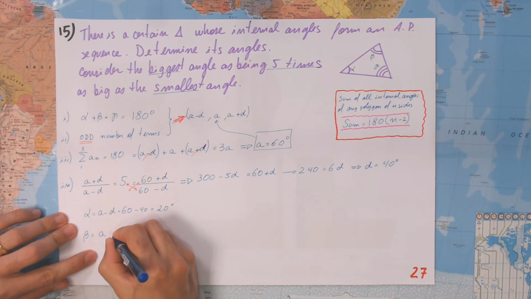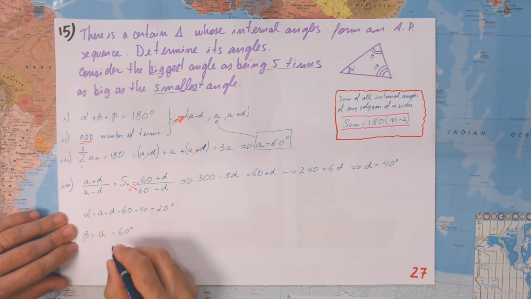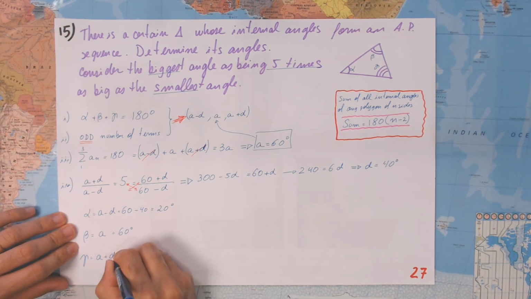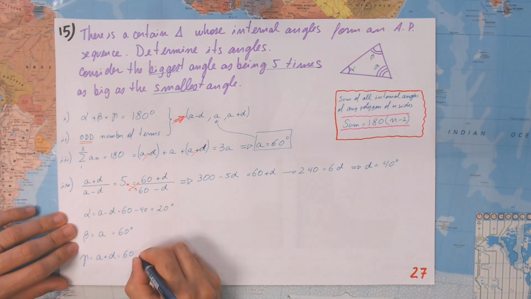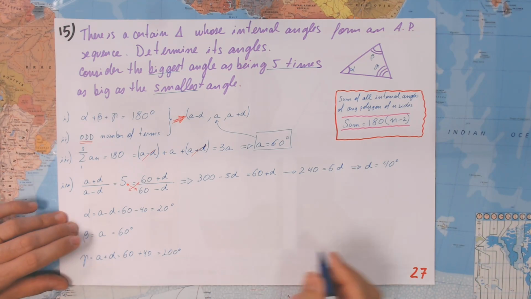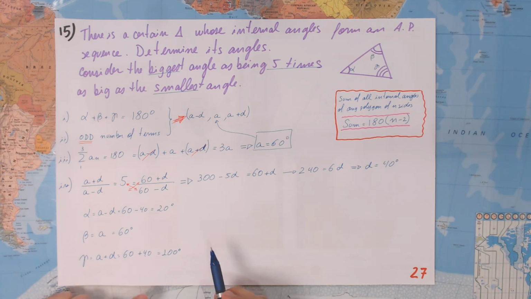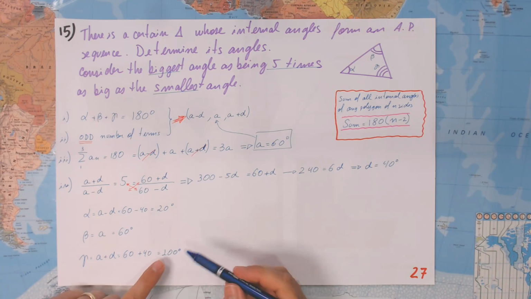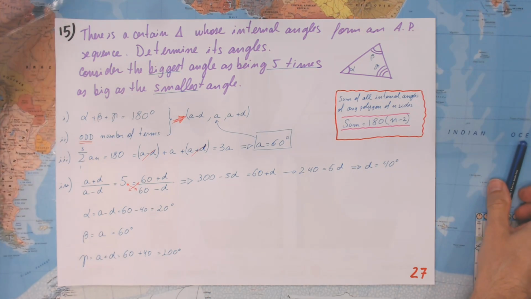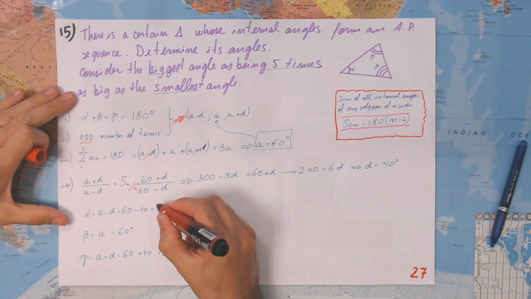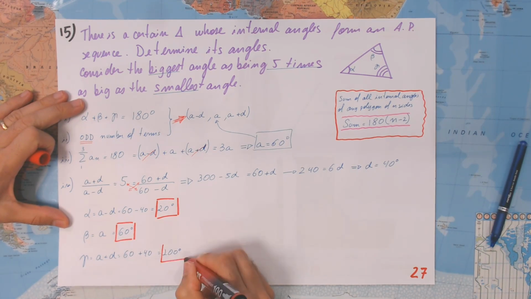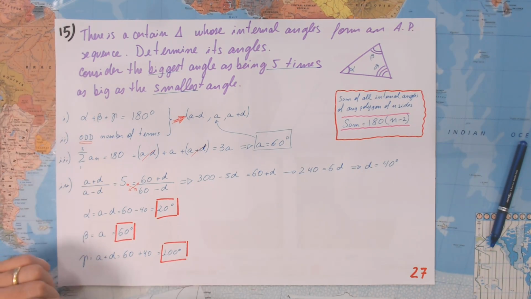It is just A, which is just 60 degrees. What is gamma? It is A plus D. This is 60 plus 40, which is 100 degrees. Now, check. This one is 5 times as big as this one. It makes sense, okay? Like I say every time, always check your answers, okay? And this is the answer.